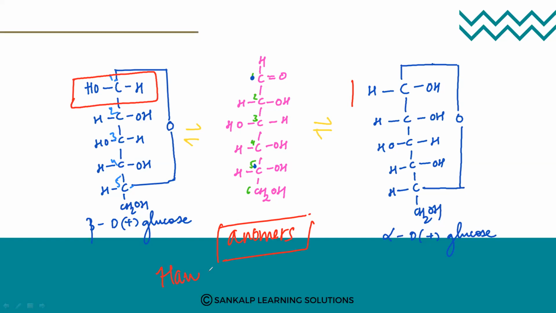So next we are going to study the Haworth structure. These cyclic hemiacetal structures can be represented very nicely by Haworth's structure. I hope this is clear, right? So we'll go for the Haworth structure.